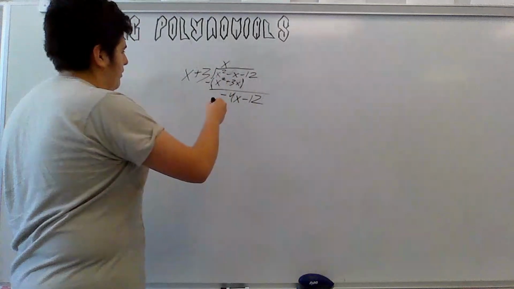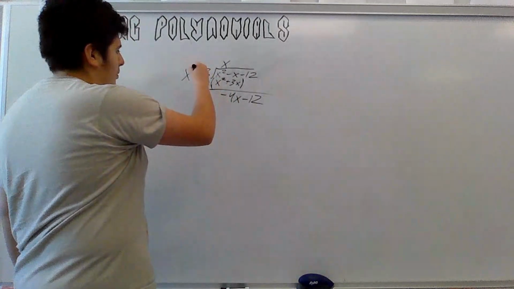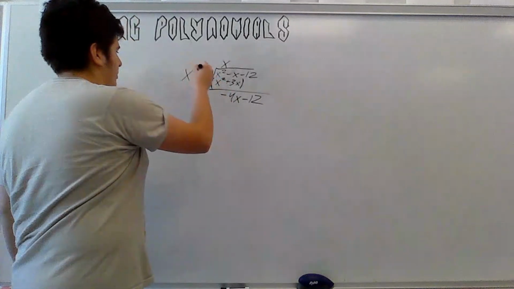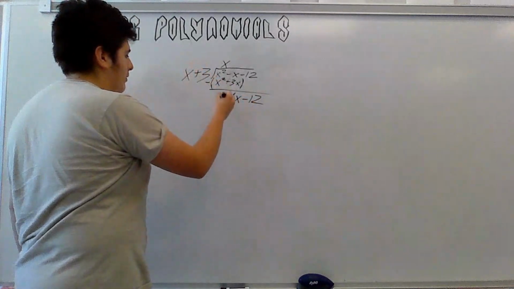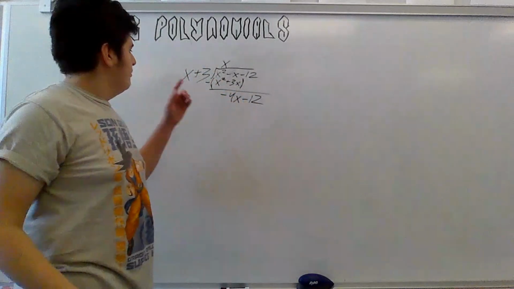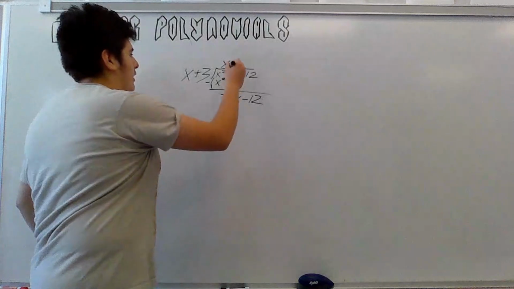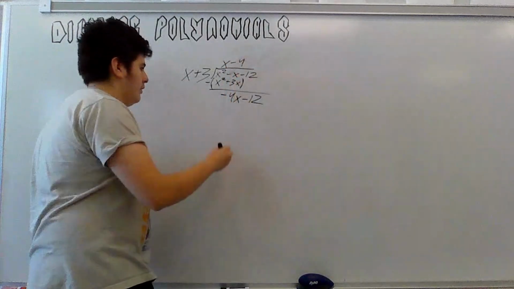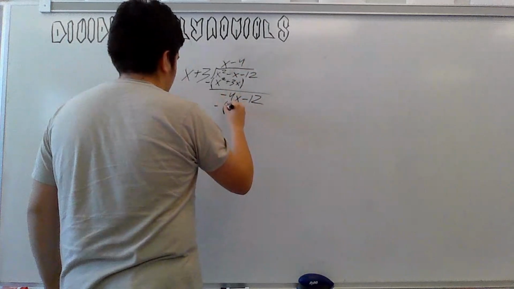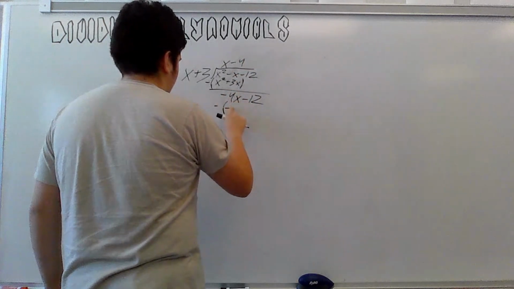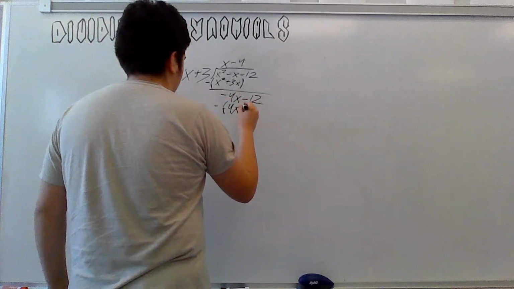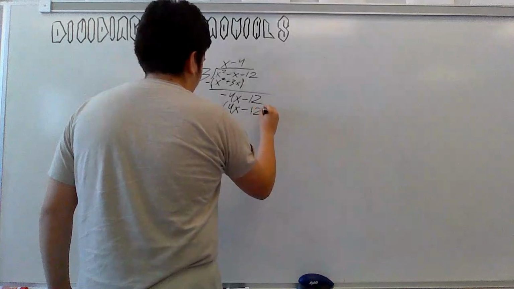And then after that, we have to come up with another number to multiply this by to get rid of -4x. So in this case, we will have to multiply this by a -4. So then it will be, no, I'm sorry, 4x minus 12.